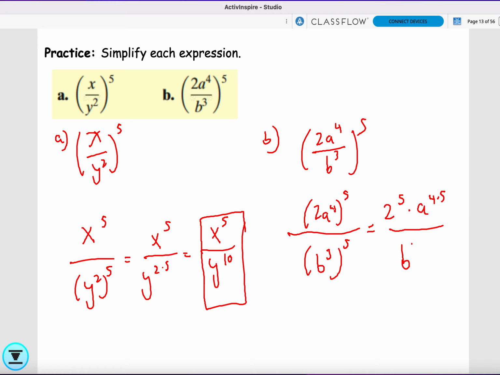And then the b is going to be 3 times 5. So 2 to the 5th is 2 times 2, which is 4, times 2, which is 8, times 2, which is 16, times 2, which is 32, a to the 20th over b to the 15th. So we're multiplying 4 and 5 and 3 and 5.